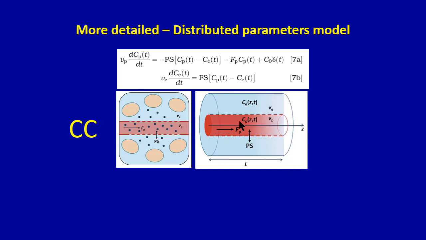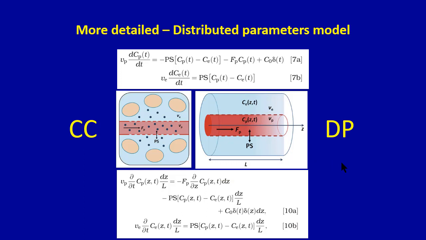So the concentration is actually different for every point, every Z point along the vessel. So as you can see, the equations are complicated. But because the mean transit time of tracer through the liver is 12 seconds, and we can image every 2 to every 4 seconds, we feel that there's actually enough temporal resolution to discover this gradient.